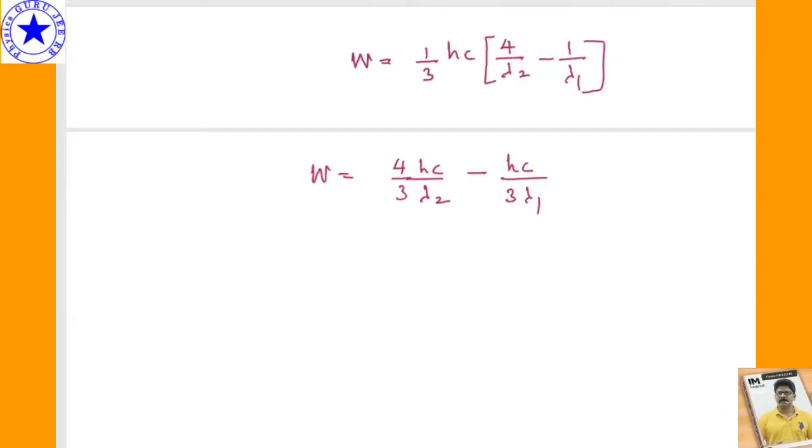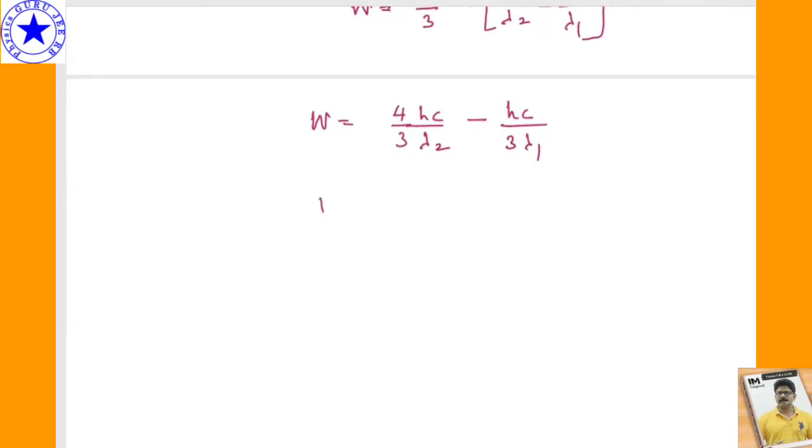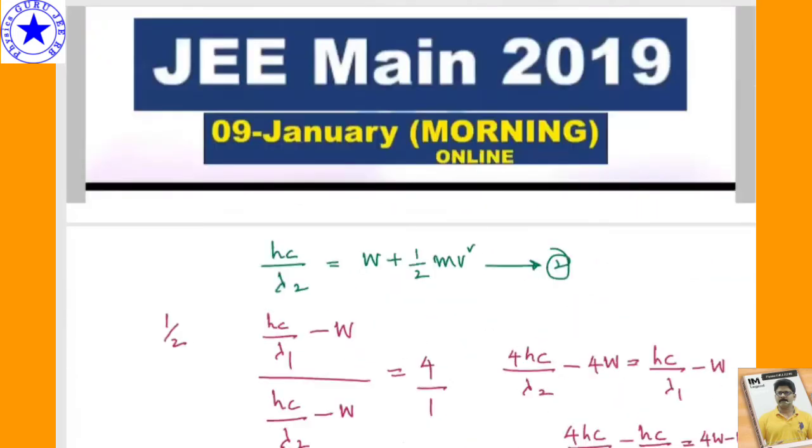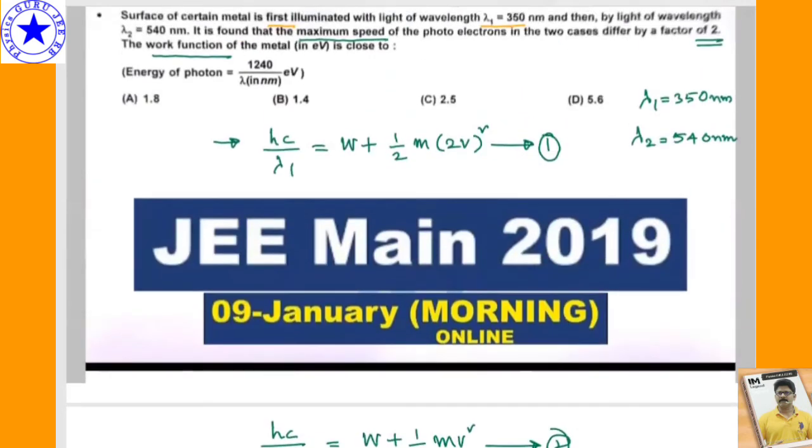Finally we can proceed here: W equals 4 by 3 hc, where we can take 1240 divided by lambda 2. According to the problem, lambda 2 is 540 nanometers, and we are already given the energy of a photon, so we can take this one.